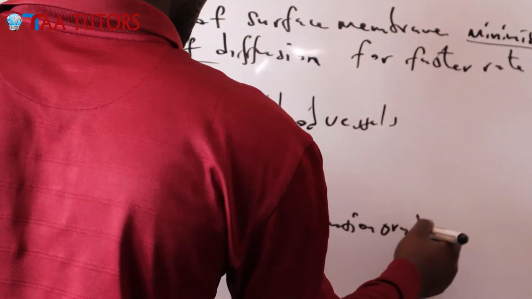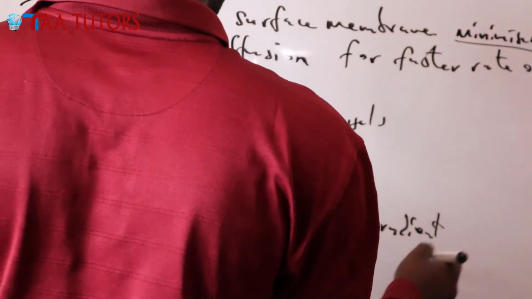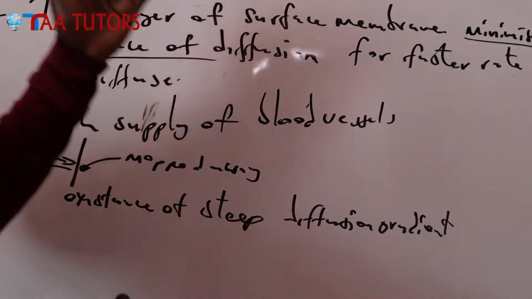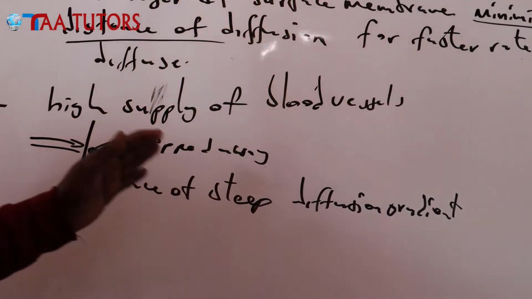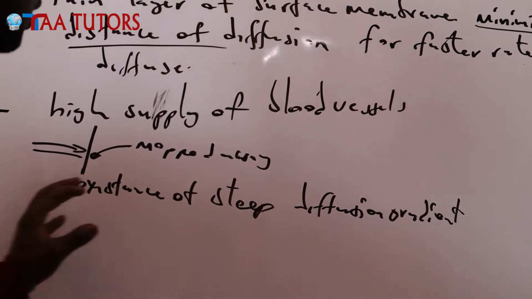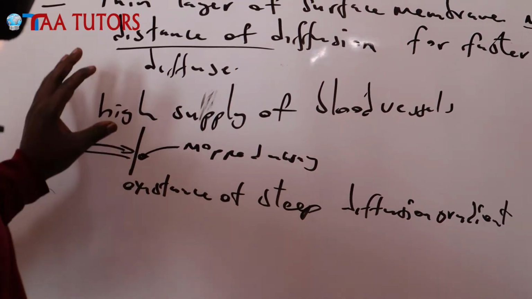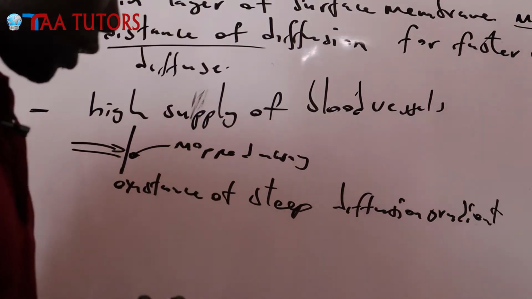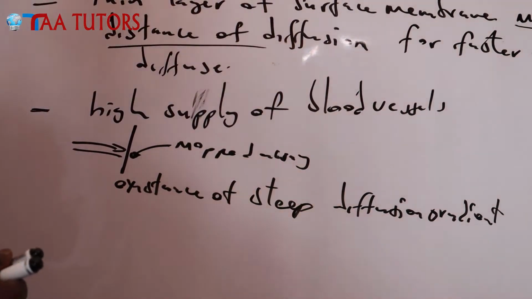So this one here will be creating that. Any surface area or any membrane where gaseous exchange is taking place will always have that continuous flow of molecules. There is that creation of the concentration gradient. So that is a very, very important part for us to note.